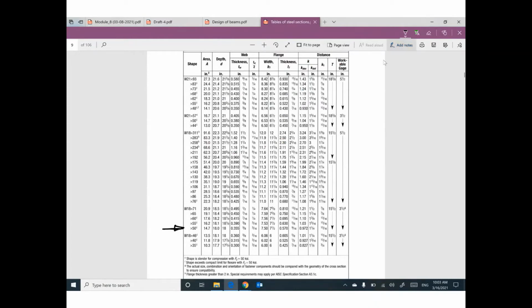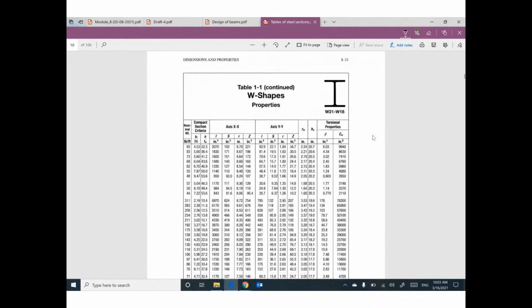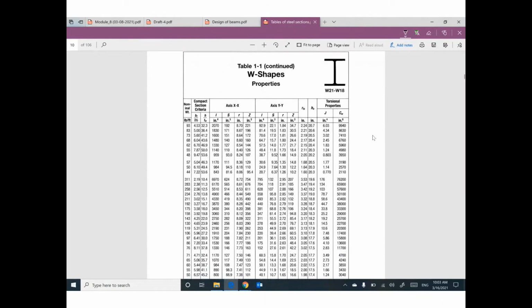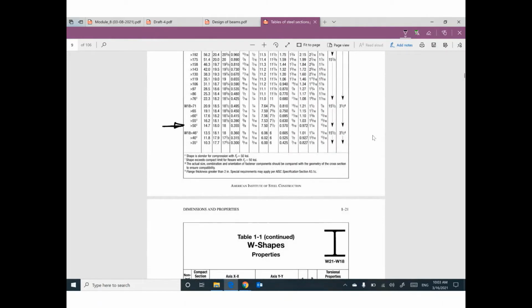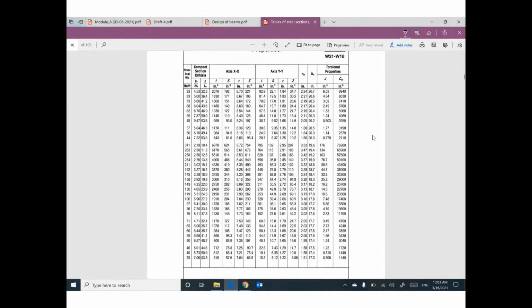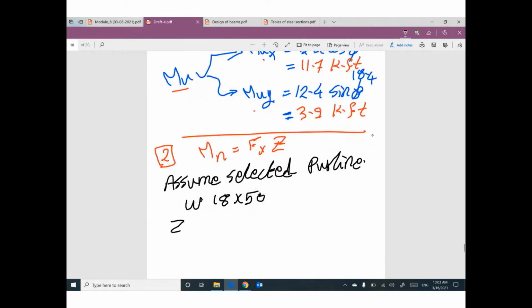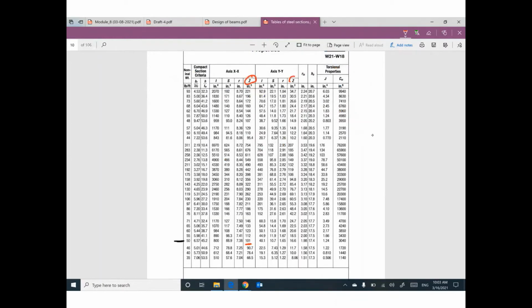So this cross section 18 by 50 has Zx equal 101 and Zy equal 16.6.